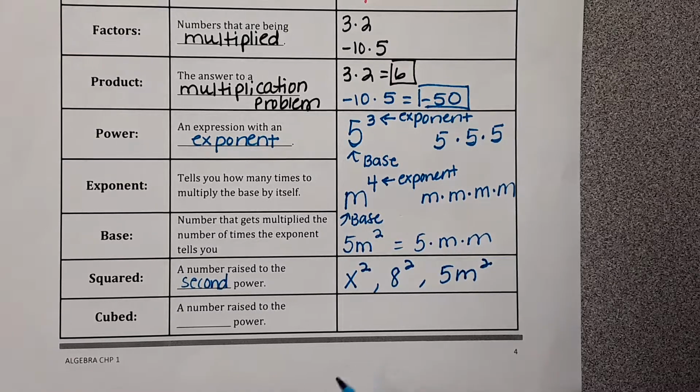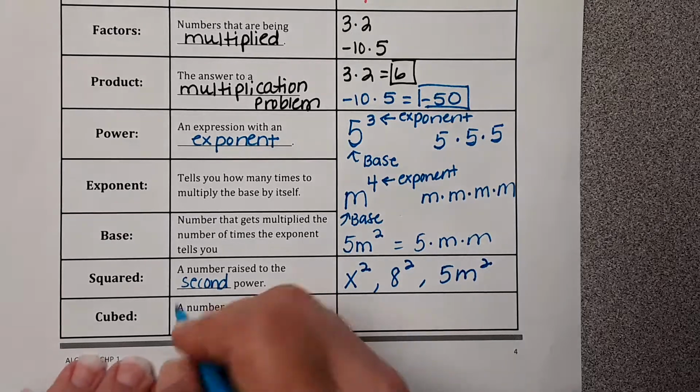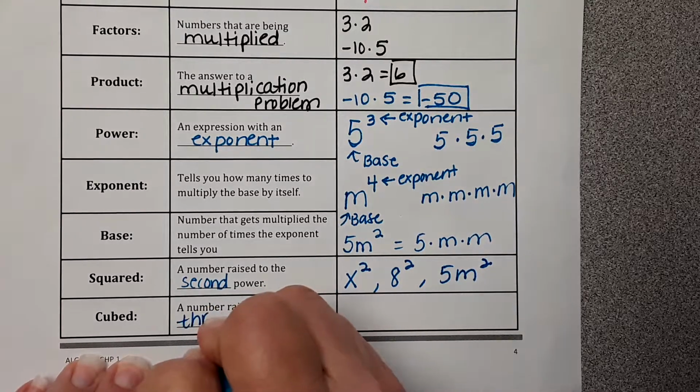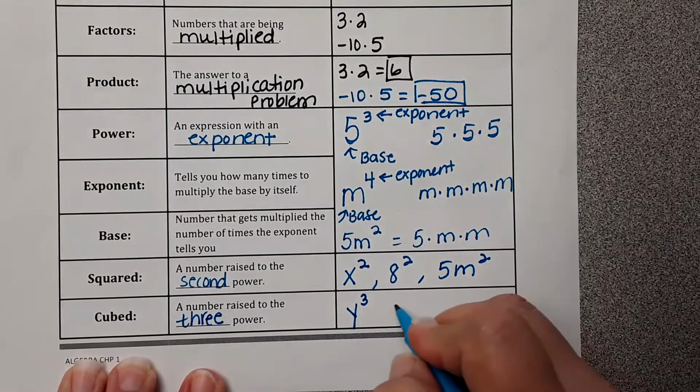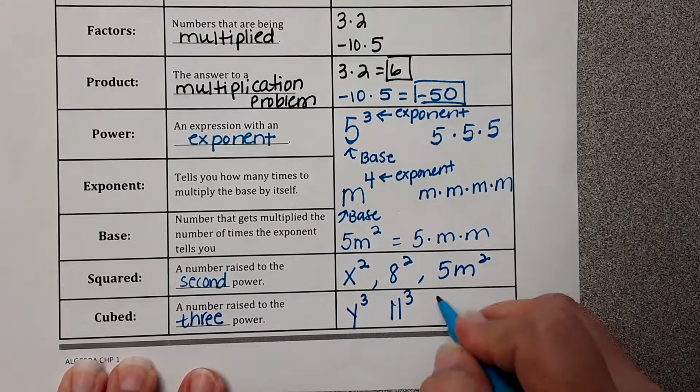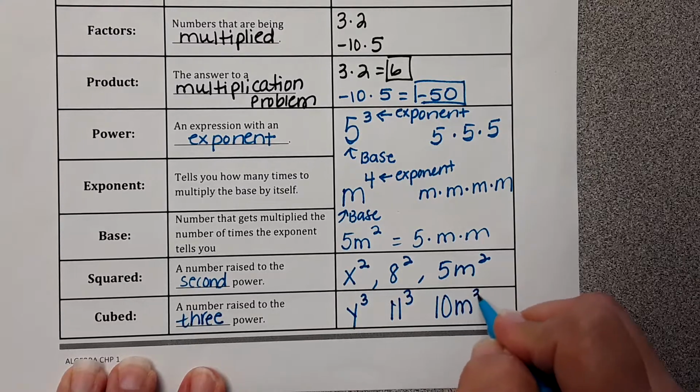And a number raised to what power is cubed? It is 3. So y to the third, 11 to the third, 10m to the third.